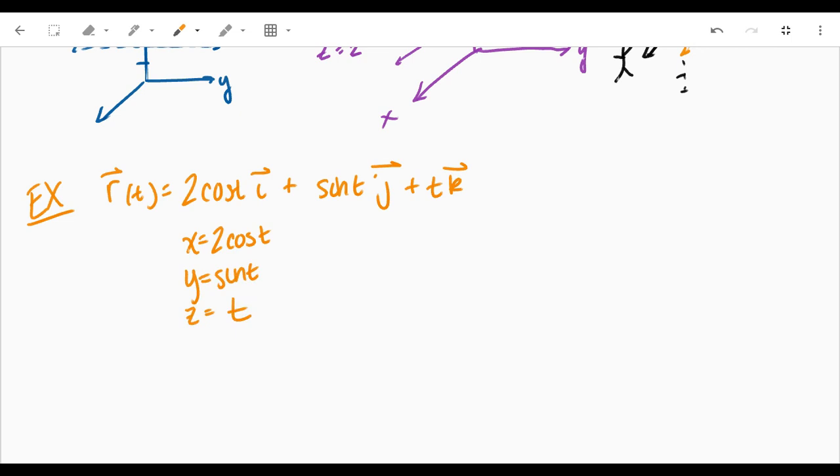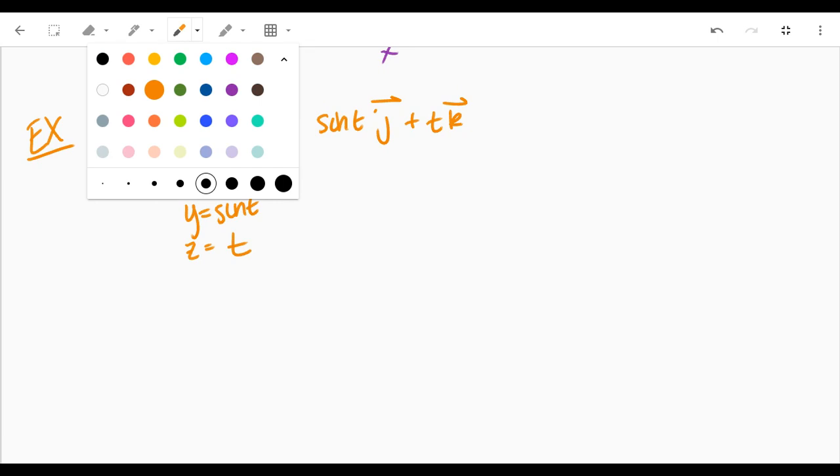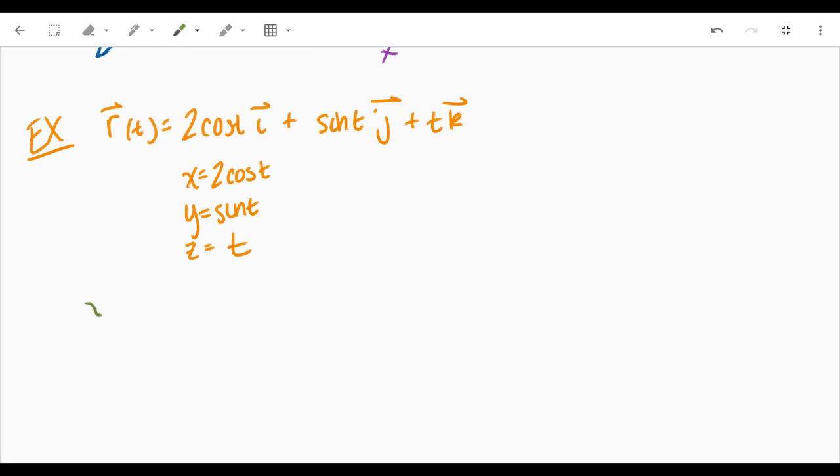Okay, so you can think about this one in your 3 different viewpoints here. And this one gets a little tricky. Let's see. In your xy plane, you guys know from calculus that you relate cosine and sine using the fact that sine squared plus cosine squared equals 1, right? So we don't quite have it here.